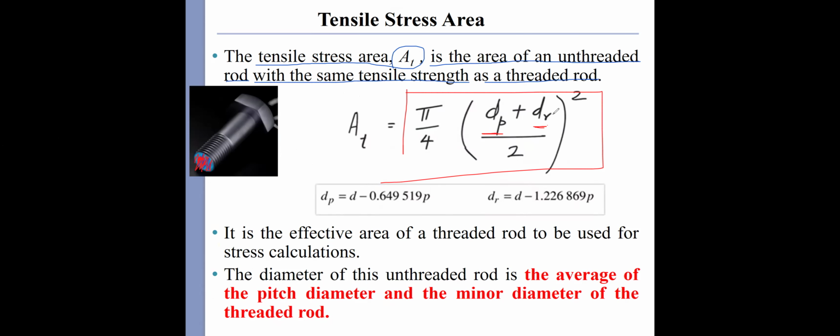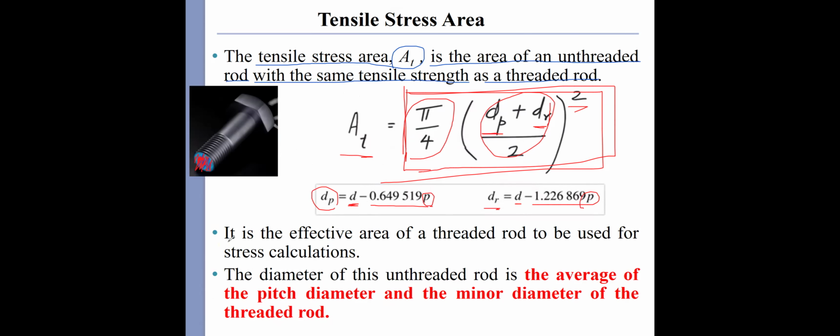It is the average of these two diameters, squared, times pi over 4. We can also define the pitch diameter as D, the nominal or major diameter, minus 0.65 times the pitch, and dr equals the nominal diameter minus 1.23 times the pitch.